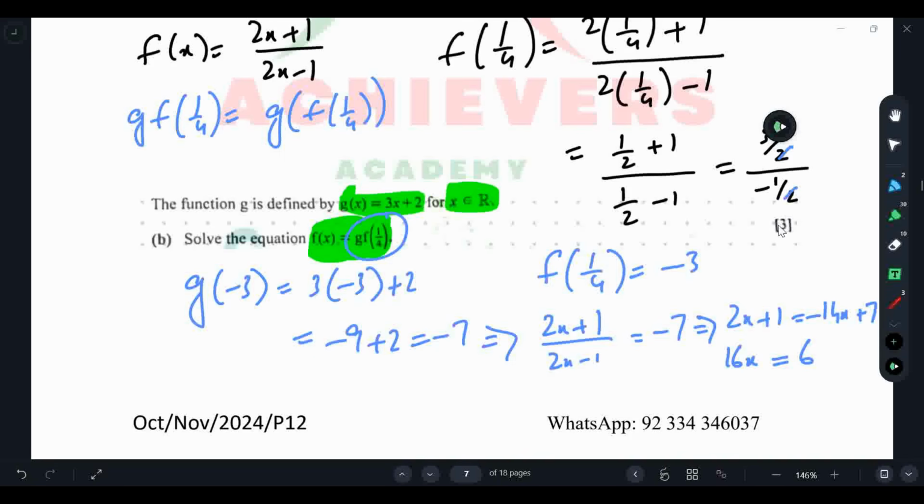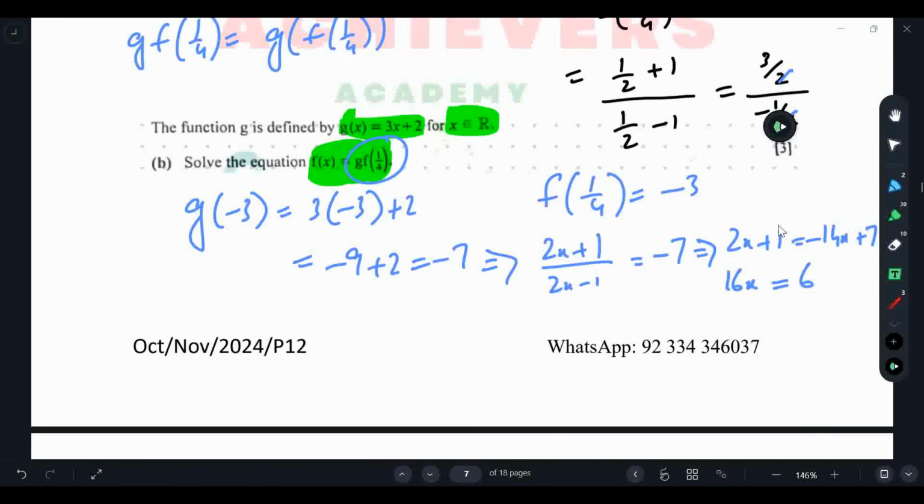And then finally x will be equal to 6 by 16, which means x will be equal to 3 by 8. This should be the final answer for this one, because in this one we have to solve it. So for the solution we have to find the value of the unknown variable.